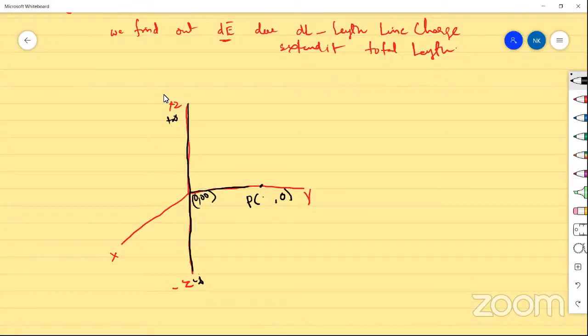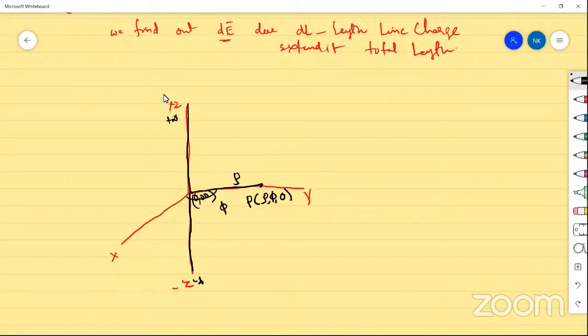And it is at a distance of rho from the origin. Then this will be rho. And if you consider that it is making an angle phi with the x-axis, this is phi.